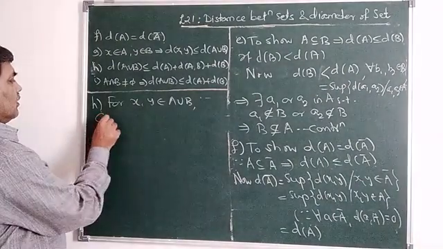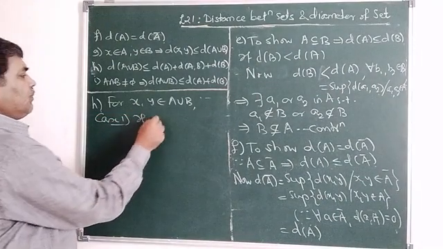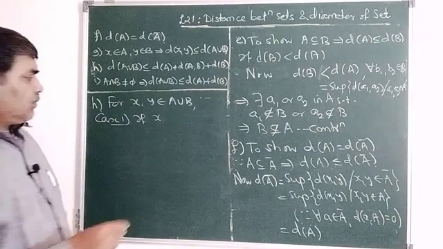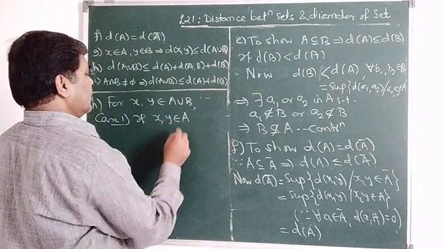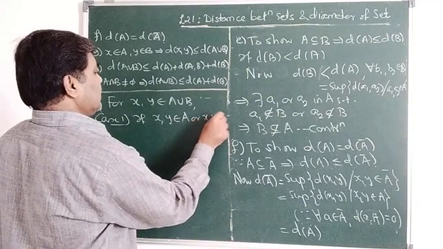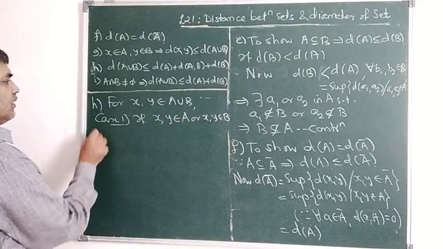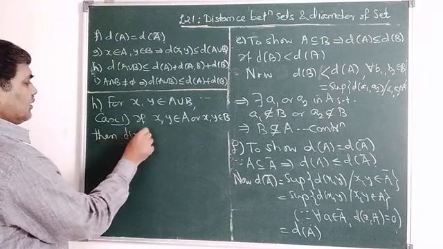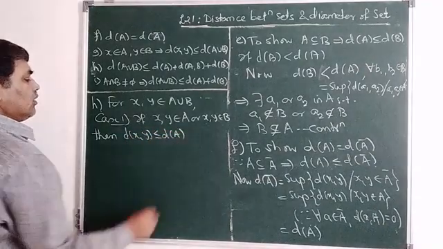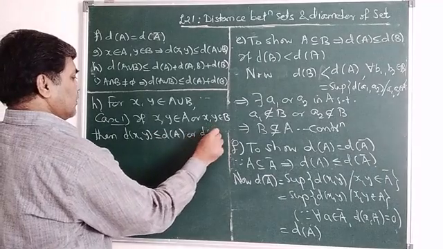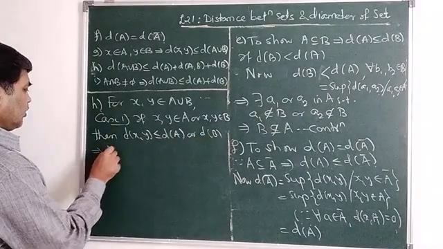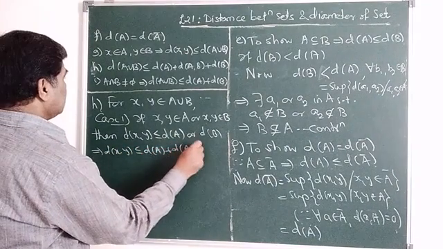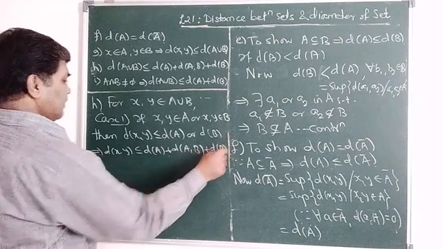Case 1: if x belongs to A, x, y belong to A, or x, y belong to B, then both lie in A, so d(x,y) is less than or equal to the diameter of A or the diameter of B. This implies d(x,y) is less than or equal to d(A) plus the distance between A and B plus the diameter of B.